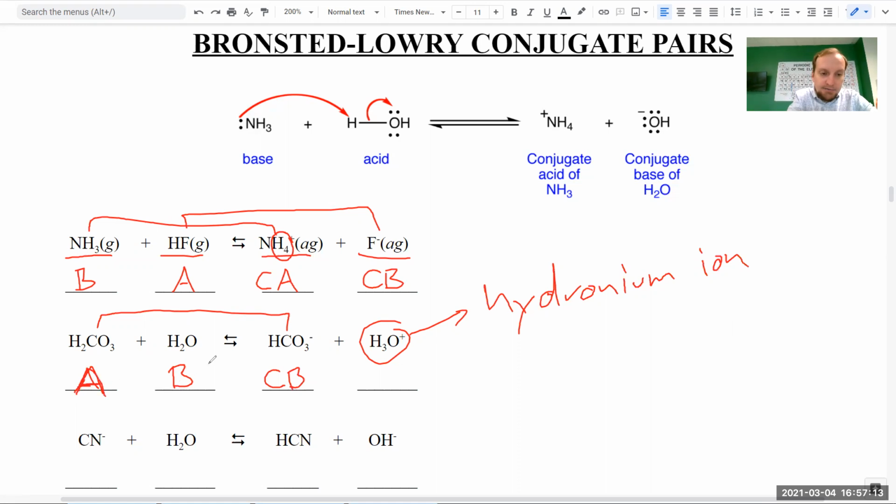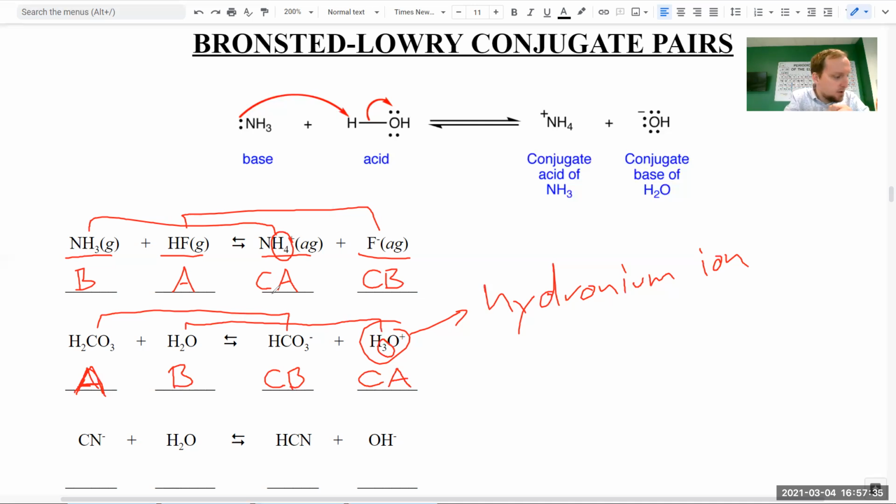Therefore, this must behave like a base. And these two are a pair. Notice this one took an extra proton, or extra H plus, because it had two, now it has three. So that makes it a conjugate acid. Remember, just like above, whichever one has more H's will be the conjugate acid.